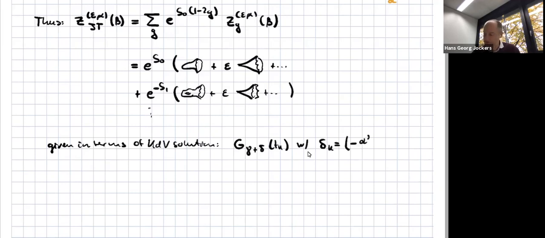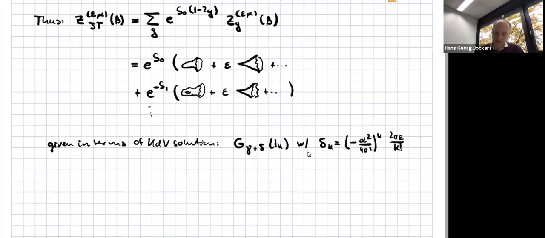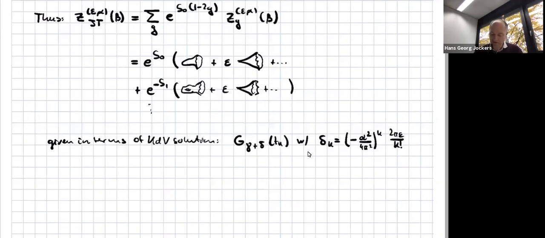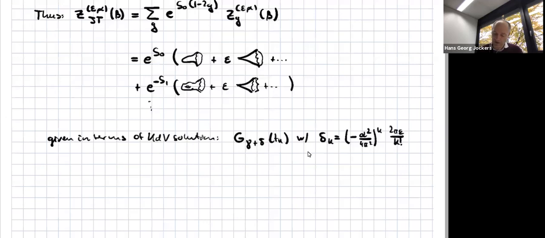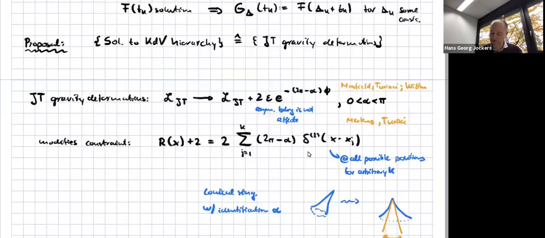It depends on this identification angle, as it should, and it also depends on this coupling, epsilon K factorial. So this is the simplest deformation that I tried to sketch, where you can include such a simple defect species type.